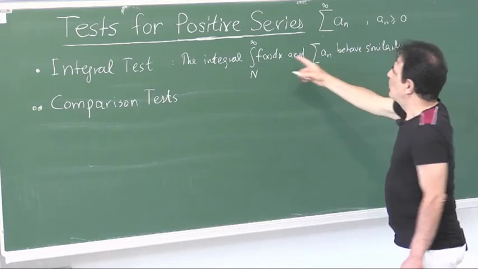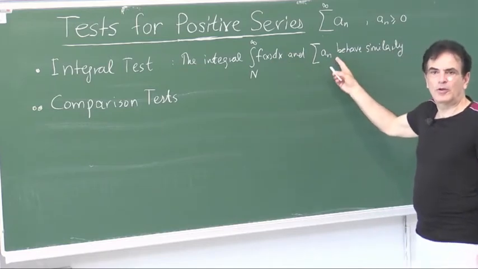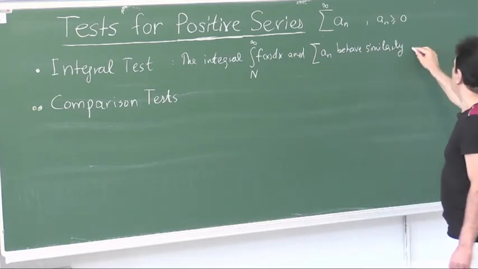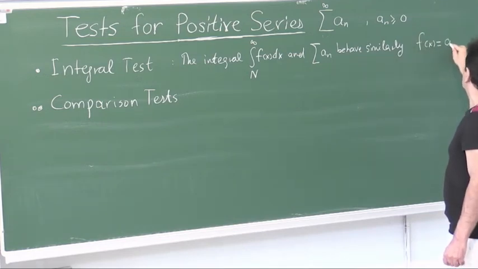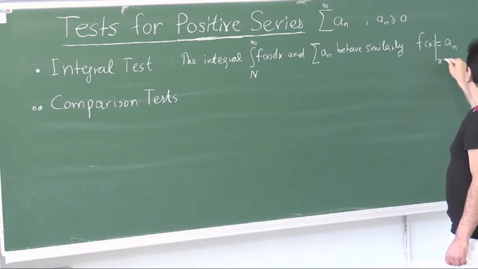That is, they both converge or both diverge, where f of x is really an when x is restricted to n.